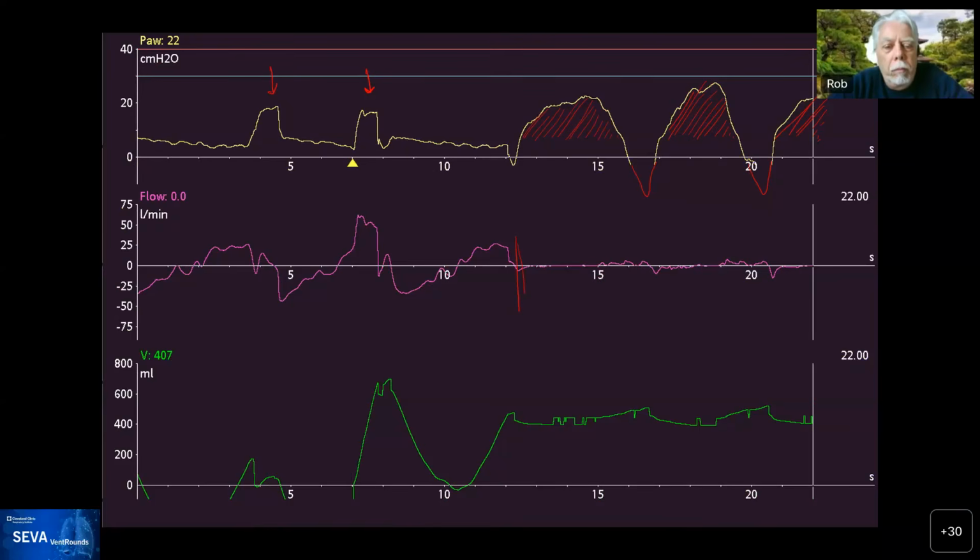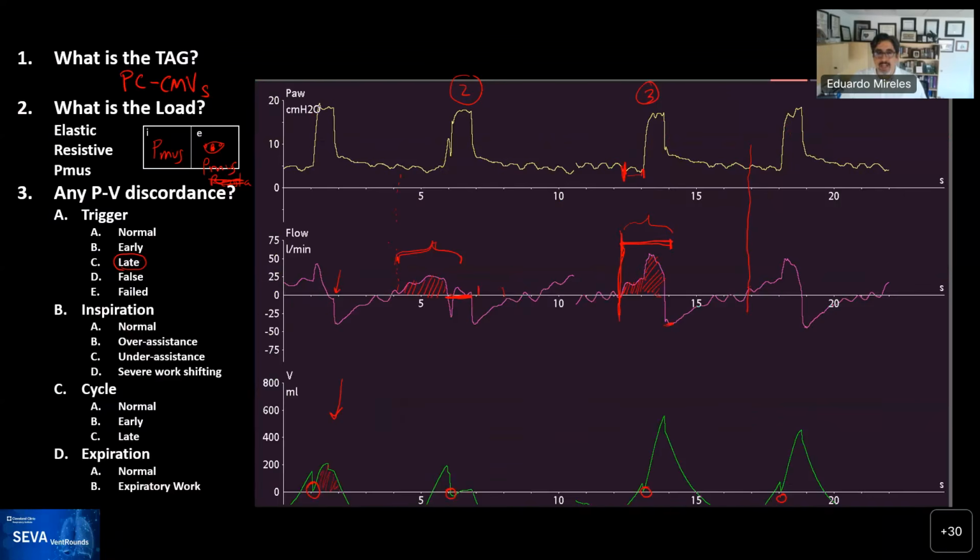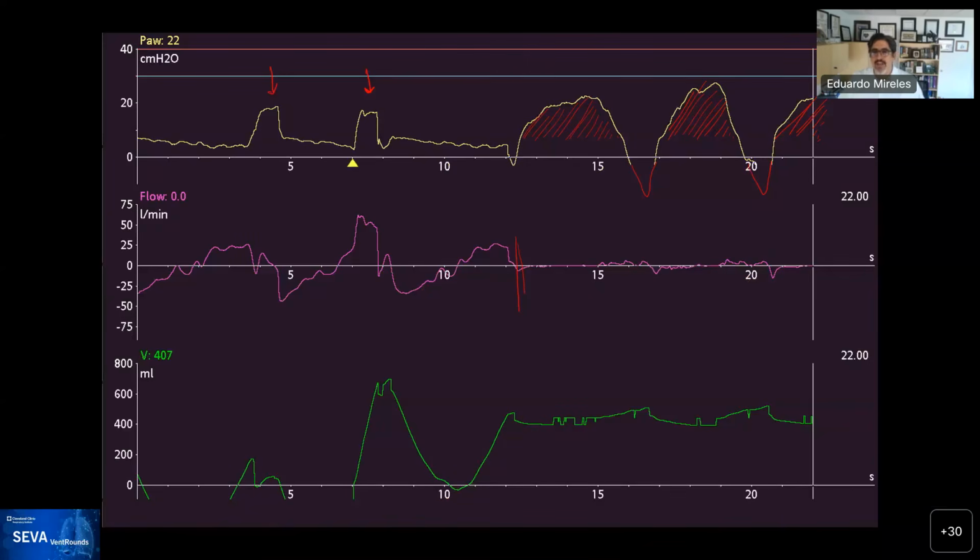So one of the causes, as I'm seeing responses come in, the classic cause that people would say is auto PEEP, right? So that's a good cause of a late trigger. The other one is a poorly set sensitivity or trigger threshold. Yes, Arcel, that's correct.